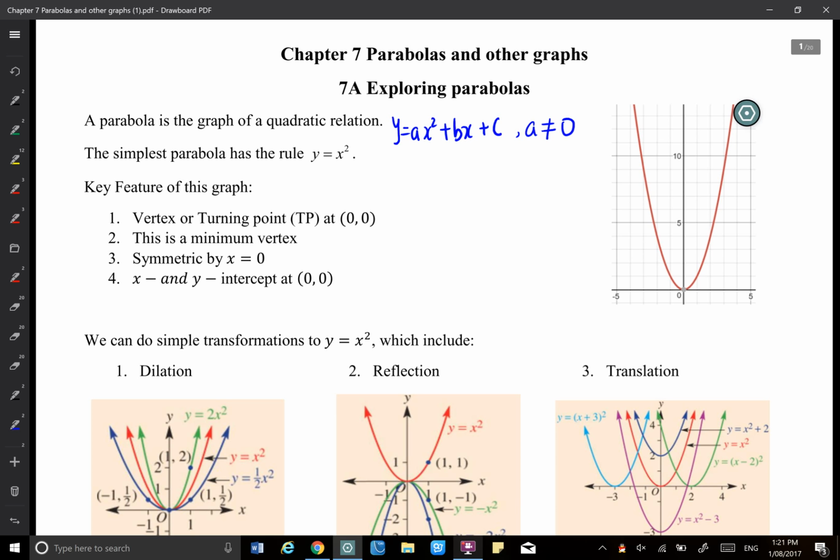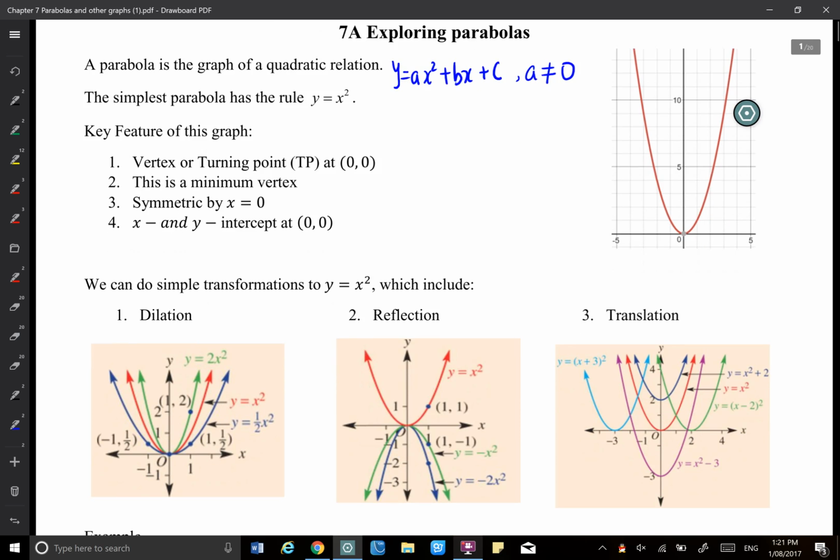That's a local minimum. And the second one is this graph has a minimum vertex because it's an upright graph. It will have a minimum value. That's the second thing. The third thing is this graph is symmetrical about x equals 0. So if I sketch a line here, the left hand side and right hand side are identical.